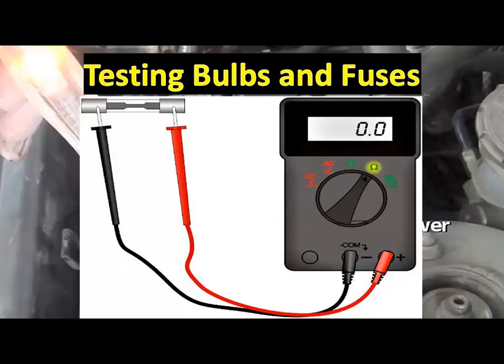Otherwise, it may damage the ohmmeter or multimeter. Some multimeters have DC volts, and some have AC volts. When it comes to vehicles, you have to select the DC volts when you are testing the fuse or whatever.